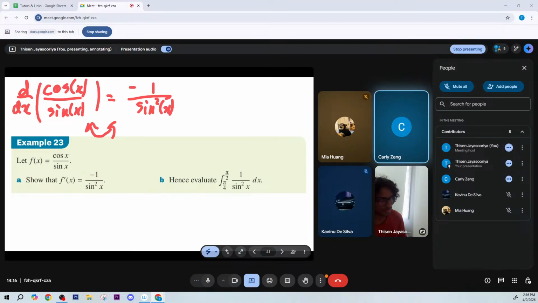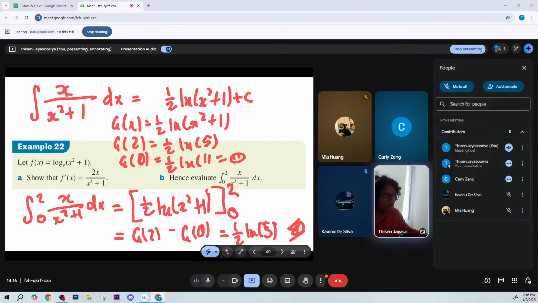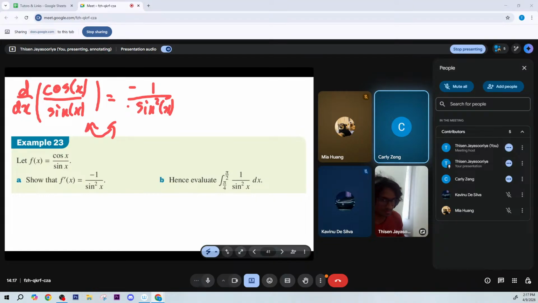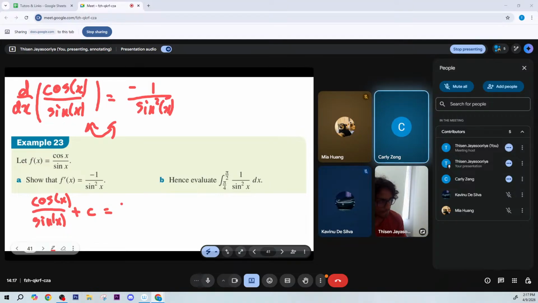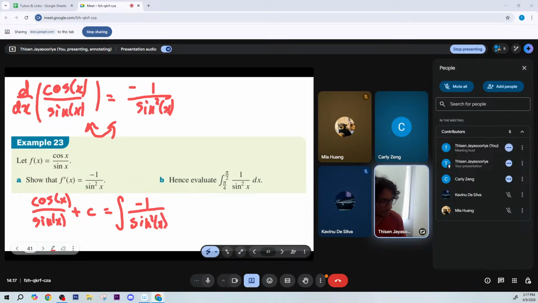Remember in the previous part how I rewrote this whole thing using an integral rather than a derivative? Oh, okay. Would it be cos x over sine x plus c? Yeah, so cos x over sine x plus c equals, what does that equal? Equals the integral of negative 1 over sine squared x. Yeah, perfect. So does that make sense for everyone?